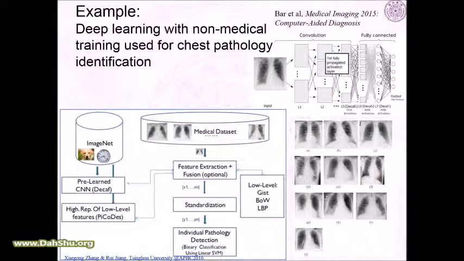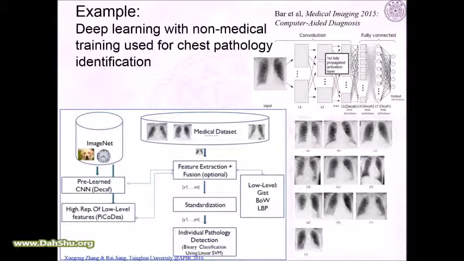They trained this network with totally non-medical images. Then they fixed this structure and applied this network on these medical images, using it to extract the features for the medical images. And they applied supervised learning on these medical images, and the network can learn to discriminate the different medical images.